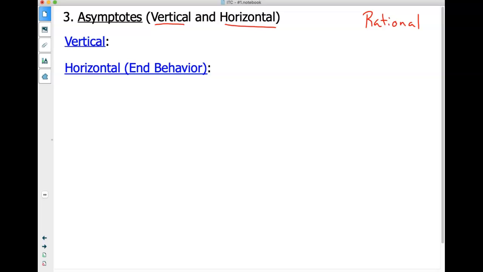But what the heck is a vertical asymptote? A vertical asymptote, explicitly, by definition, means at x equals some value, we're just going to call it c, we have a vertical asymptote at that value when x equals c, if what happens as x approaches that c value is y approaches either positive or negative infinity.